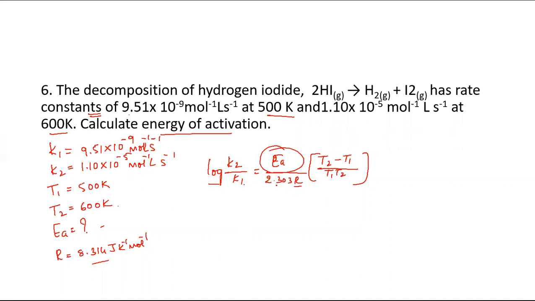Substitute R value here, multiply with 2.303, 600 minus 500 divided by 500 into 600. Okay, you will solve it. So everybody has to tell me the answer tomorrow. Okay, so just go for it. Just observe the formula and given data and tell me the answer. Any doubts in today's class?